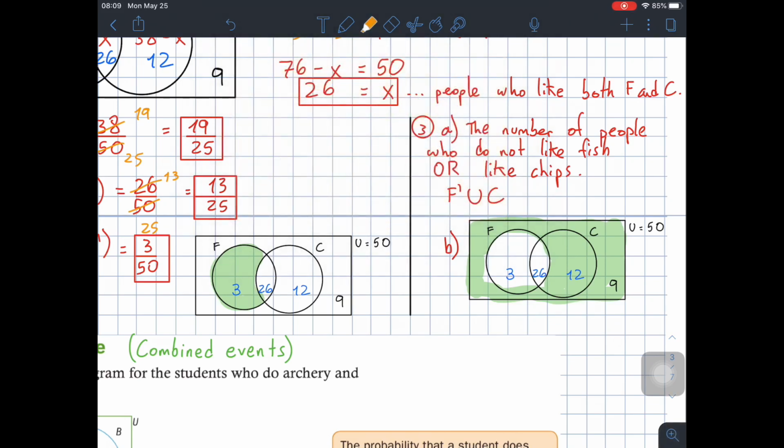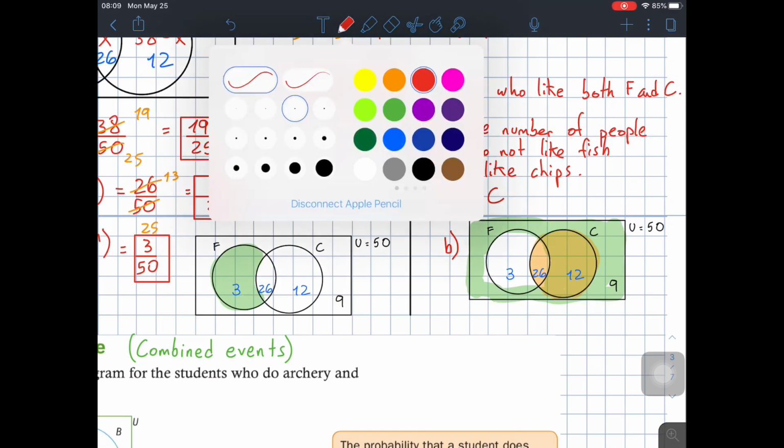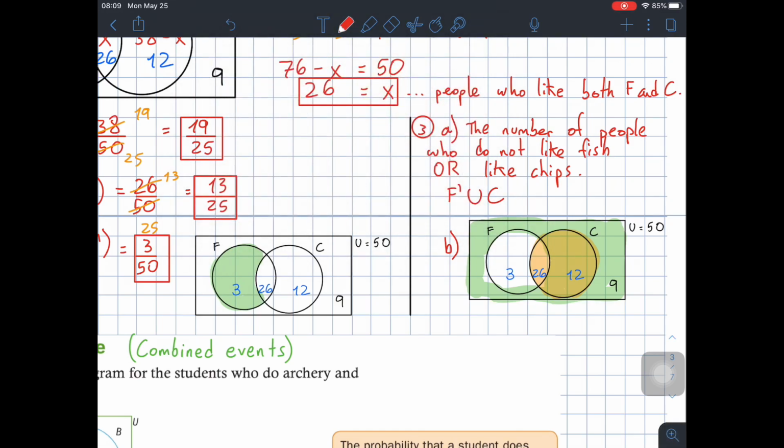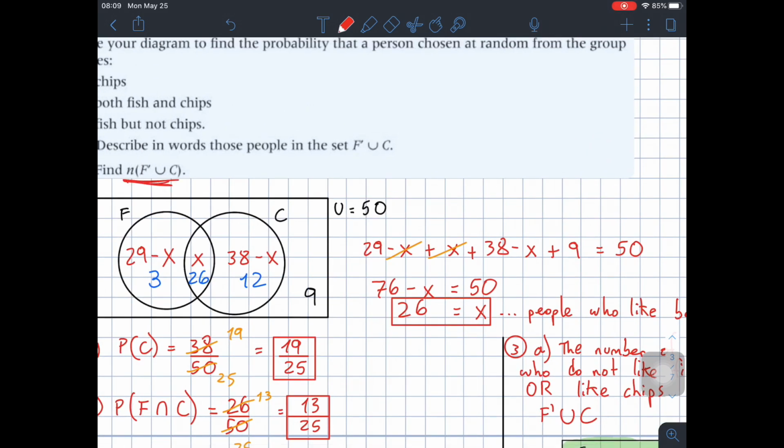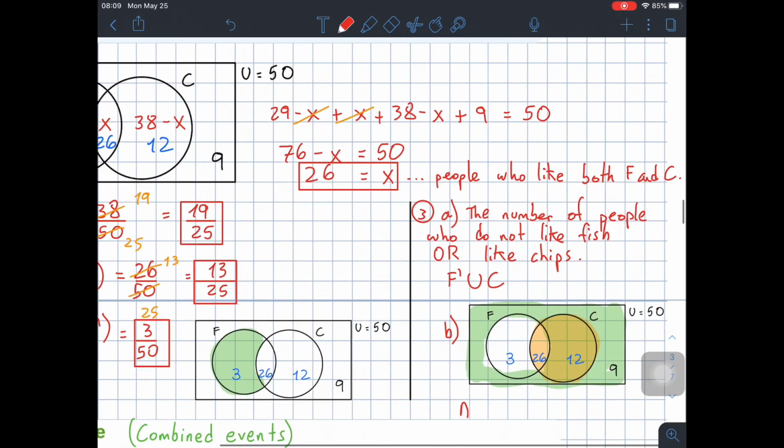We know that C is all of this circle over here. So we're painting everything except this 3 over here, right? So the number, that is what we're asked to find, the number of people who do not like fish or like chips.